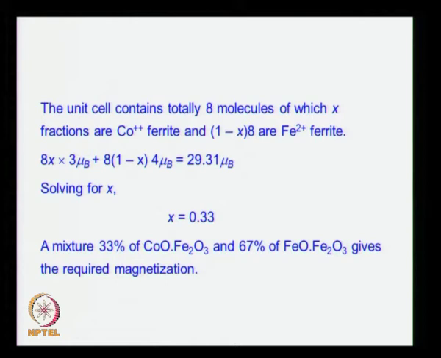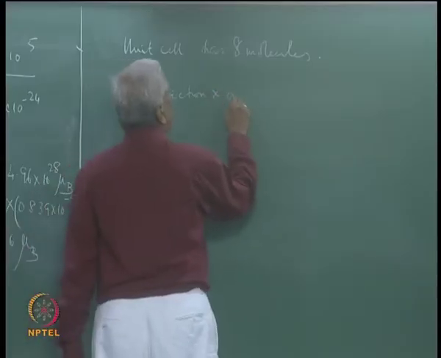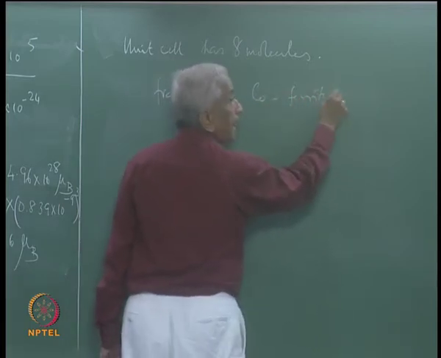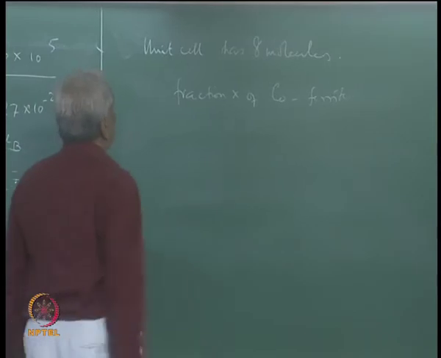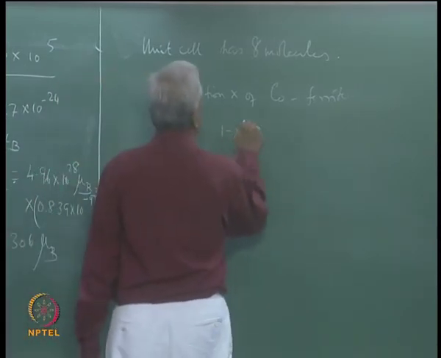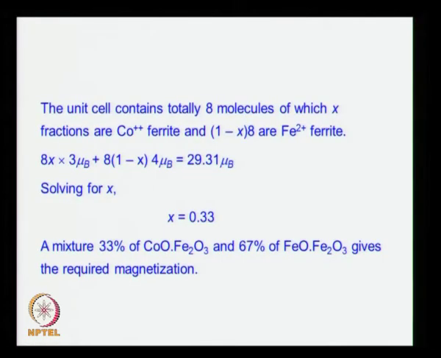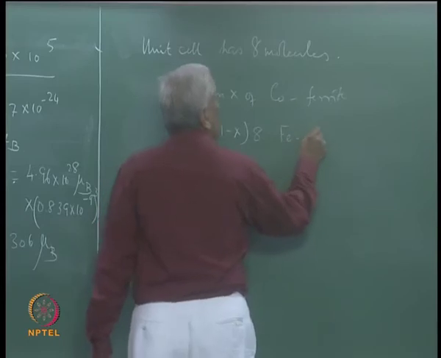Therefore, we have to determine the fraction x of cobalt ferrite so that the remaining 1 minus x times 8 are iron ferrite.